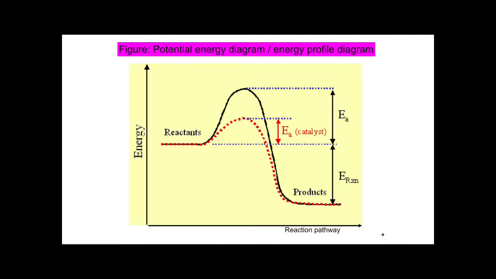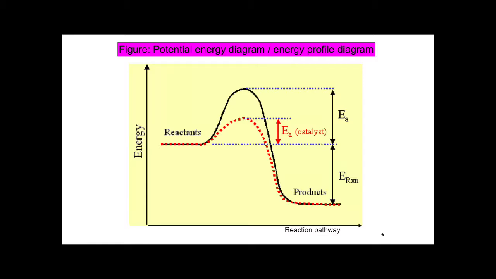We can see the effect of catalysts in the following energy diagram for an exothermic reaction. The reaction is faster when a catalyst is used because the catalyst provides an alternative pathway with lower activation energy.